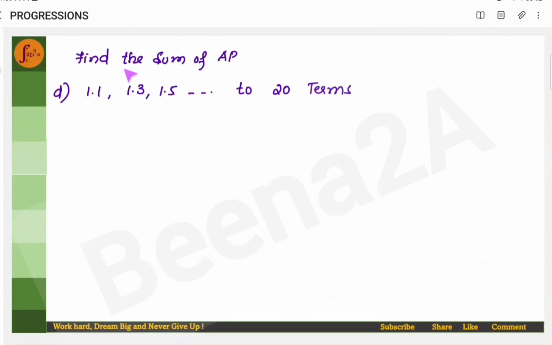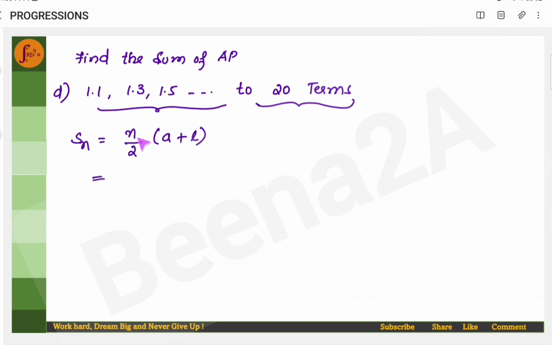Now let's take another example where we have to find the sum of this particular arithmetic progression up to 20 terms. So what is the sum formula? The sum formula is n by 2 into a plus L. We'll have to substitute.